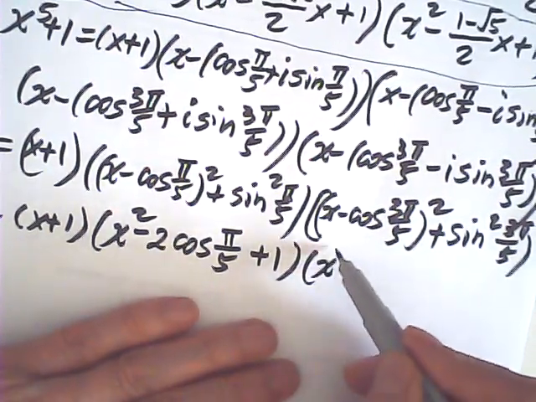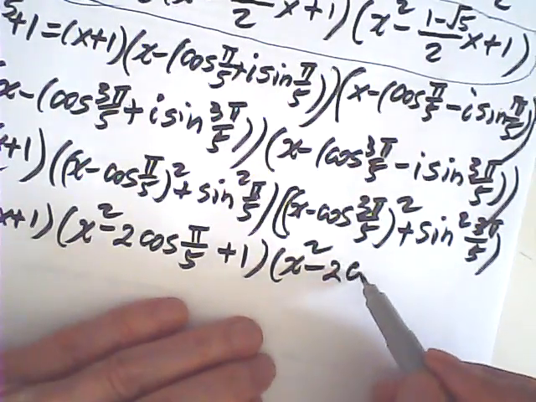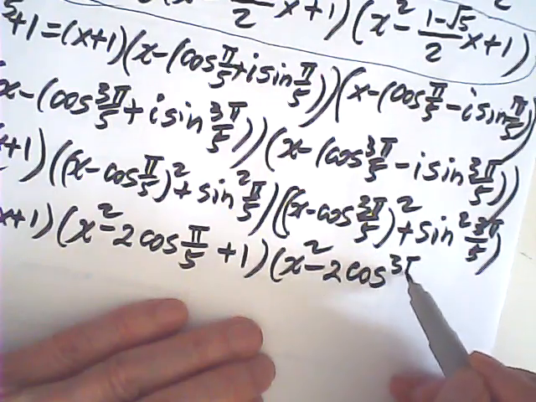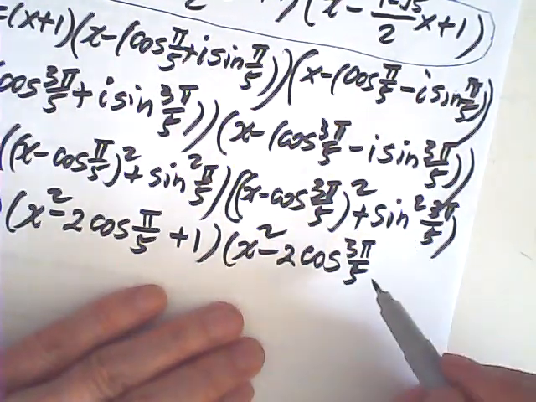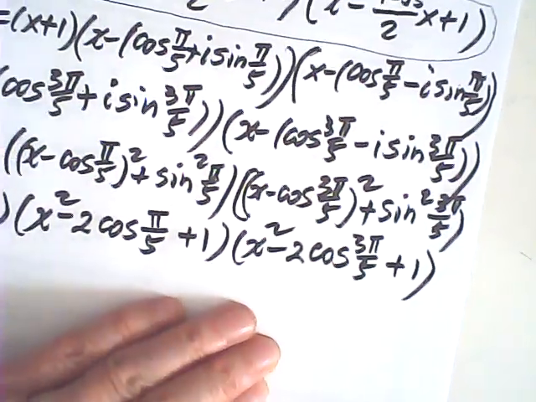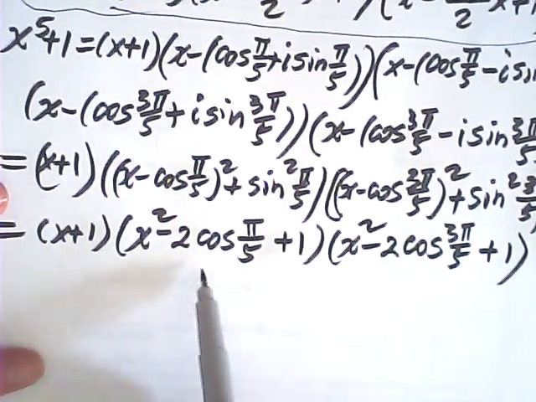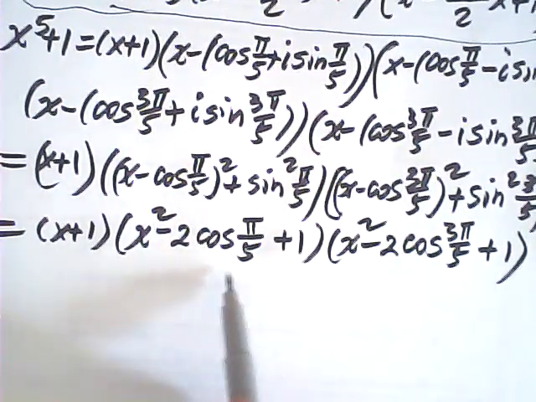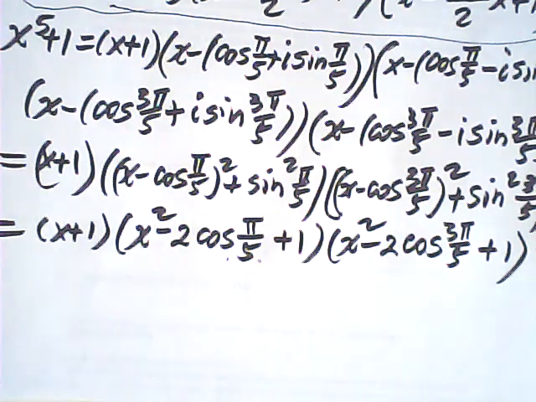And x squared minus 2 cosine 3 pi over 5. This square plus that square is equal to 1. So we're left just to find these two, then we get the factors, right?